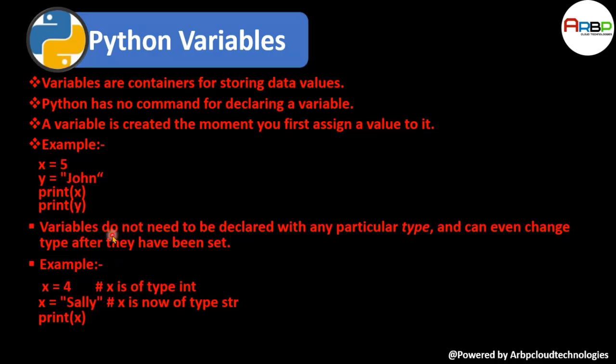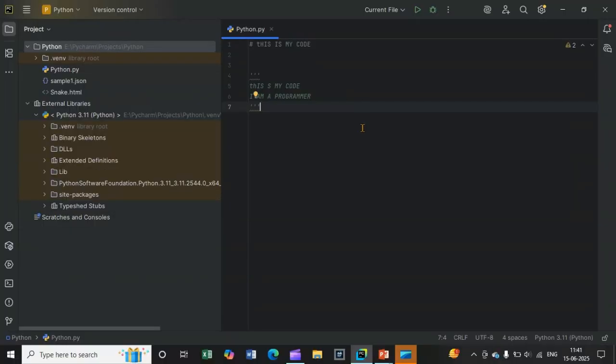Let me show you the output too, how to do the output. Just wait a minute. y is equal to John.